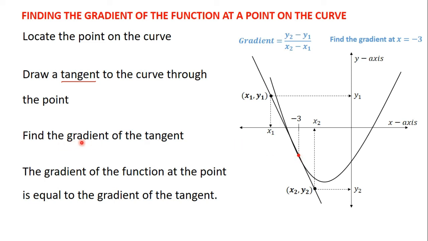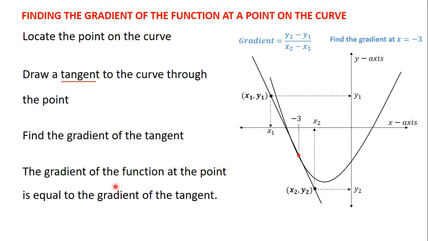After that, you find the gradient of the tangent. The tangent is a straight line, so you find the gradient by picking 2 points that fall on the straight line. Then you read the x and y coordinates as you have done here. After getting the coordinates of these 2 points, you use the formula gradient is equal to y2 minus y1 divided by x2 minus x1.